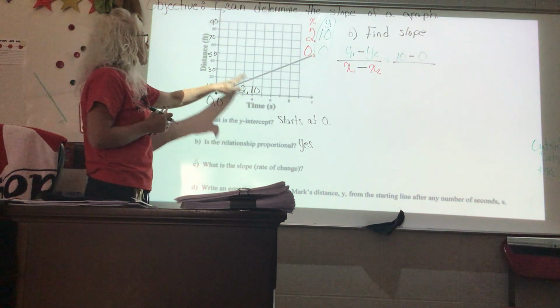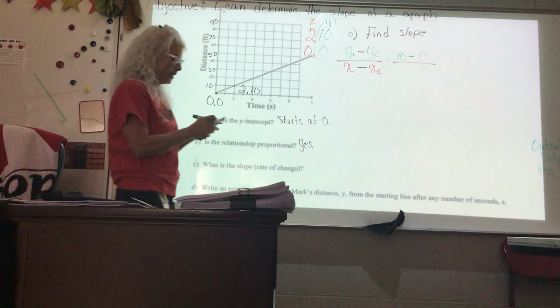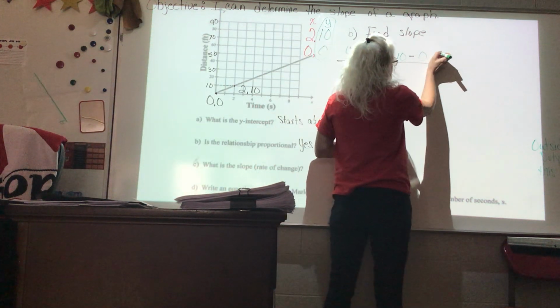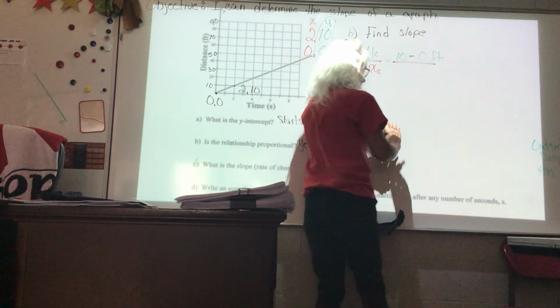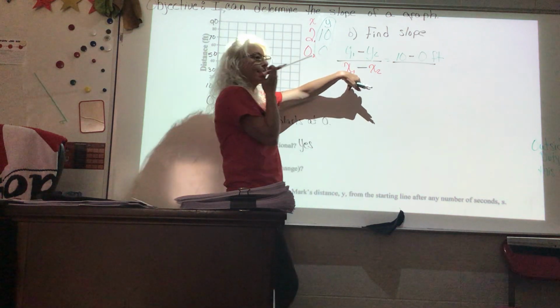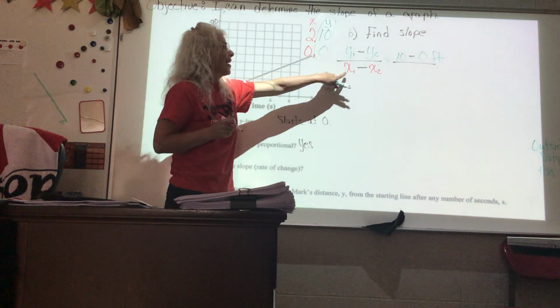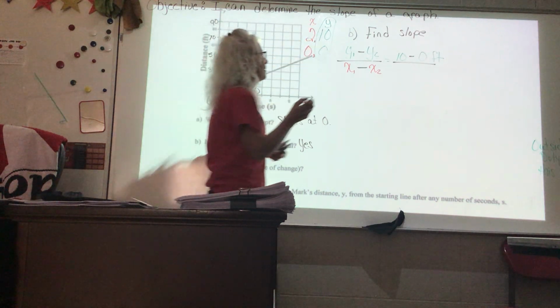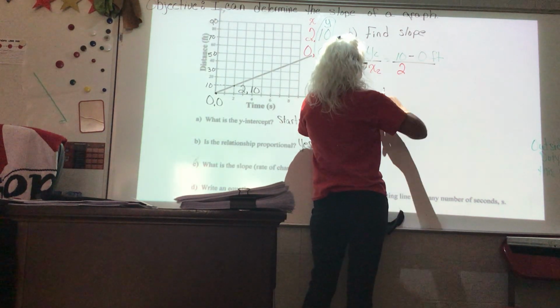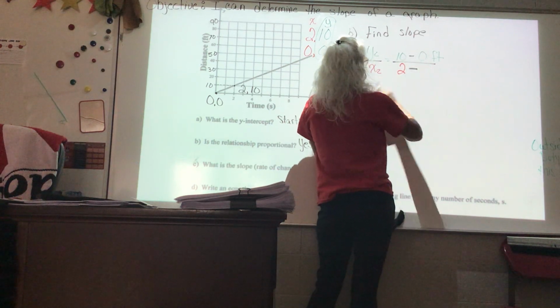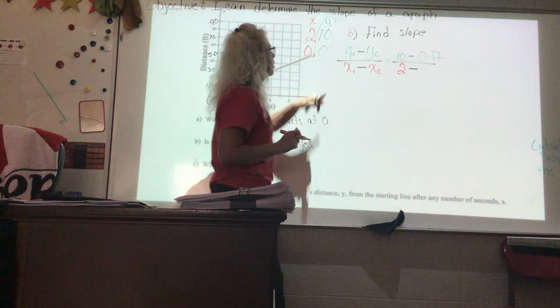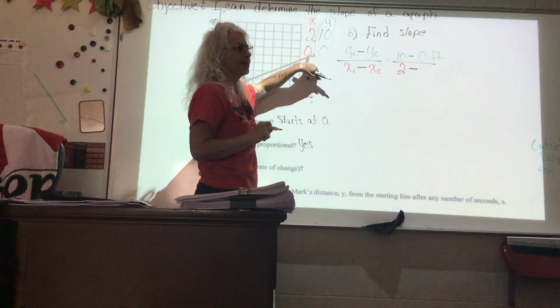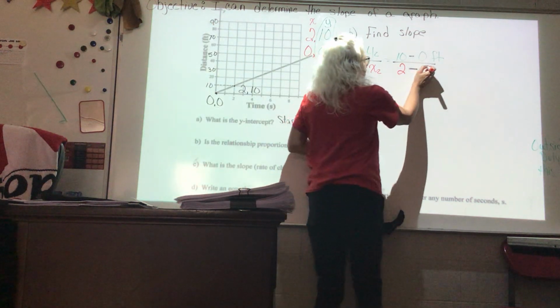Now, what label is listed on the y-axis? Is it seconds or feet? Feet. Then we're gonna do x sub 1, so I'm gonna go to the x column and write down my first number, which is 2, and we're going to subtract x sub 2, so we go back to the x column and write down the second number, which is 0.